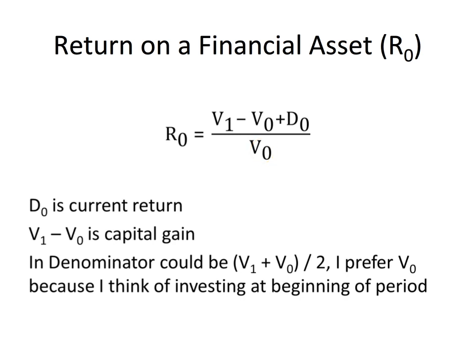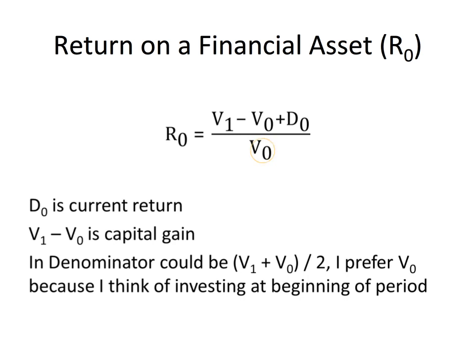Sometimes in these calculations you see V sub O replaced by the stock price at the beginning of the period plus the ending stock price, divided by 2, or calculating the average. I personally prefer to use the stock price at the beginning of the period, because that's the rate of return that you would get given that you've made an investment in that asset.